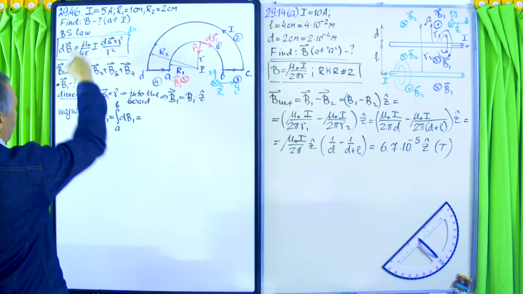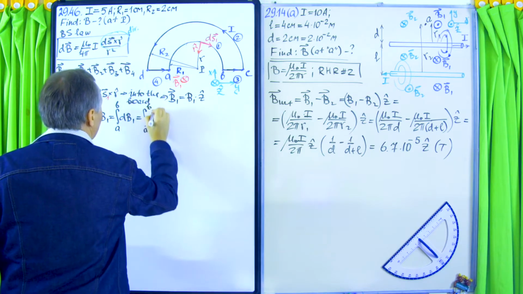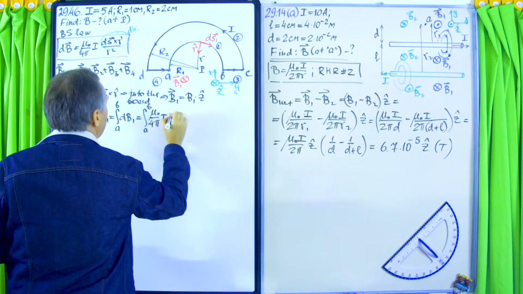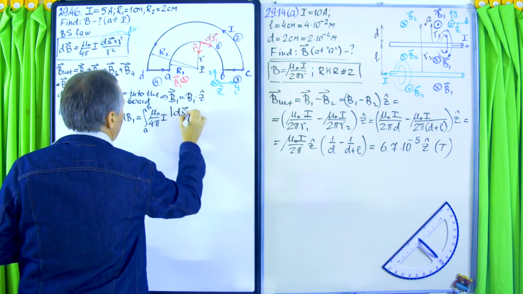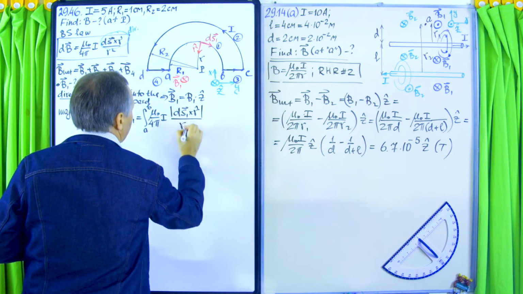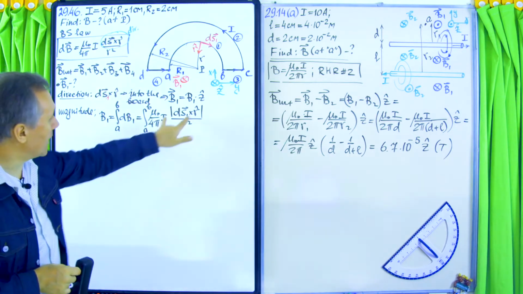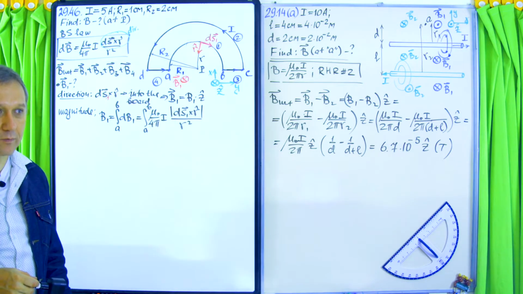Now let me rewrite all this. The integral from A to B, mu naught over 4 pi, then I, and now I will put the sign of absolute value, ds1 cross r hat, divided by r squared. Why did I put this sign of absolute value?